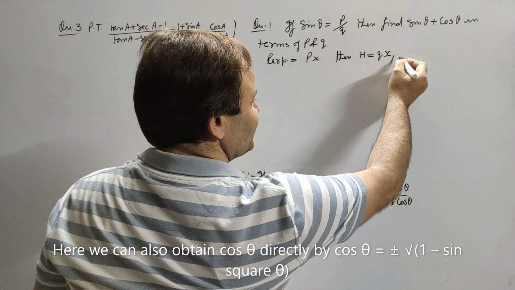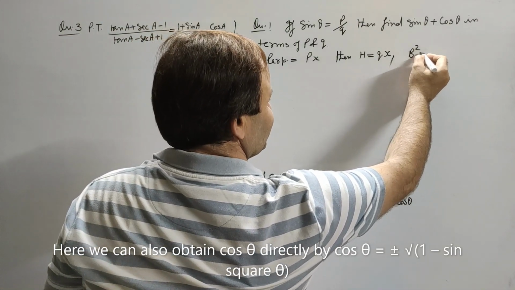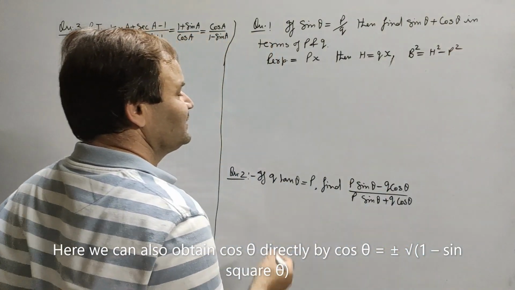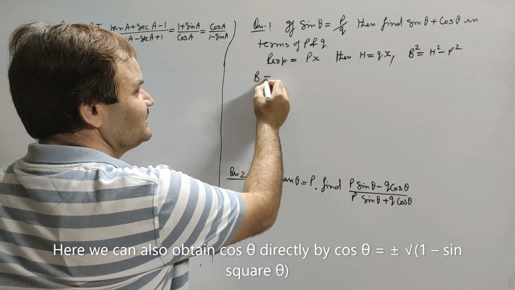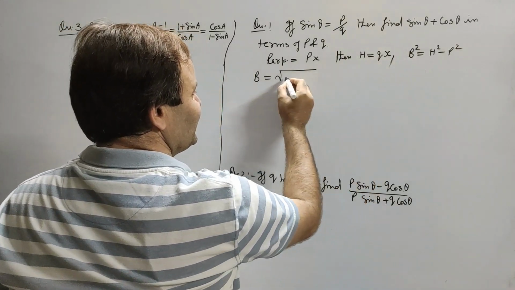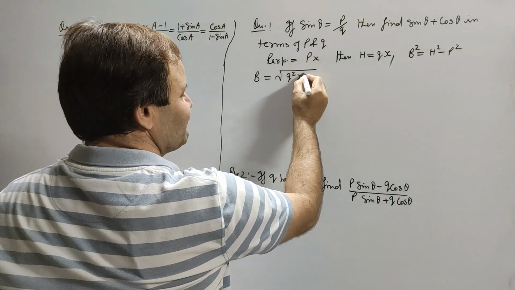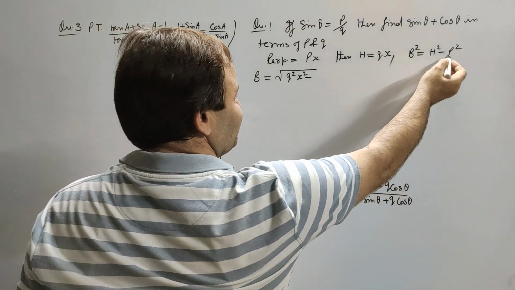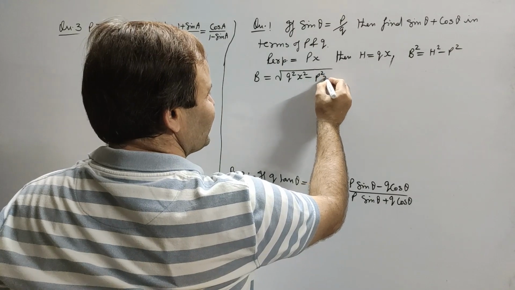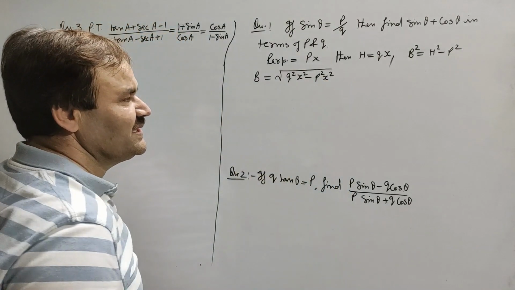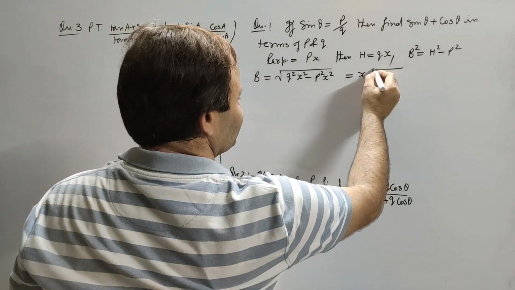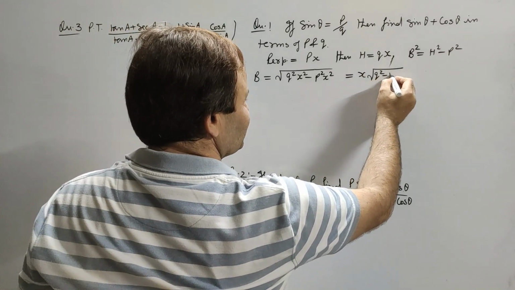As by Pythagoras theorem, base square is equal to hypotenuse square minus perpendicular square. Base will be under root hypotenuse square, that is q square x square, minus perpendicular square, p square x square. X square will be taken as common and outside the square root it will become x root q square minus p square.